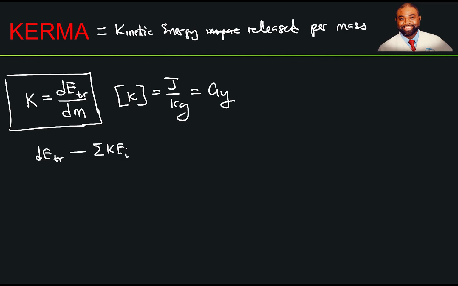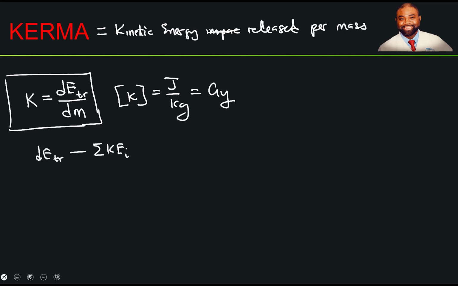Now, for a given beam traveling through a medium, the KERMA at any given point is proportional to the photon energy fluence at that point. It makes sense, right? The initial kinetic energy of the charged particles liberated in the medium is proportional to the energy fluence of the incident radiation.